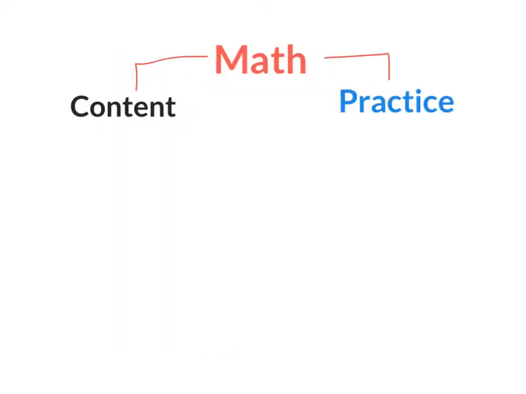So when we think about math, there's 2 aspects of math. Okay, one is the content. That's all the stuff you learn. That's like learning how to add numbers, how to subtract numbers, how to divide numbers, how to multiply numbers. It's like learning about fractions or decimals. It's like learning about solving for x, like Aradhana likes to do.